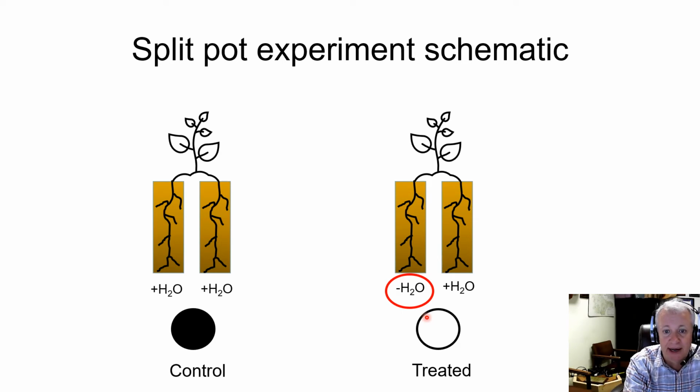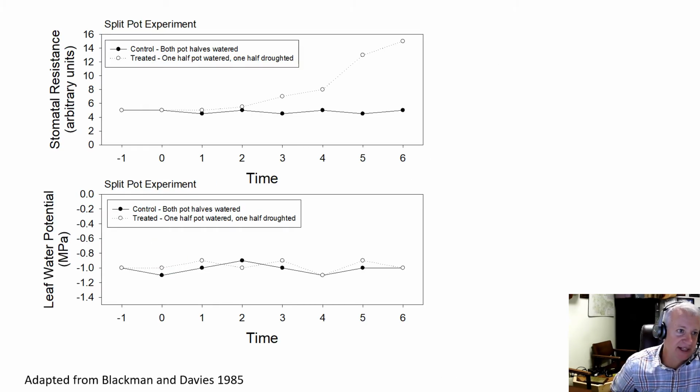So the soil in that second half of the root system dries out. And they monitor those two treatments over time to see how both water potential in the leaves and stomatal resistance change. So here's what they found. Again, we've got the control treatments, the filled symbols, and the open symbols are the treated ones, where one half of the root system is allowed to dry out. And the treatment is initiated at day 0.